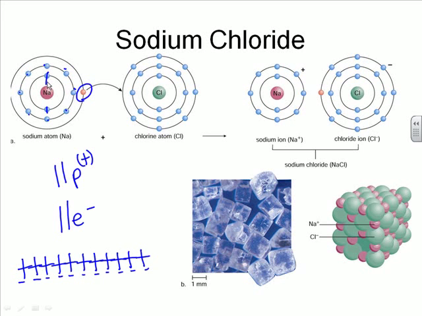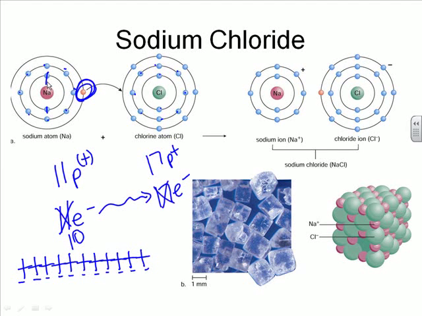If we look at chlorine, we have 1, 2, 3, 4, 5, 6, 7, 8, 9, 10, 11, 12. We have 17 electrons and 17 protons. Again, that is neutral. Well, when we transfer an electron, this number goes down to 10.